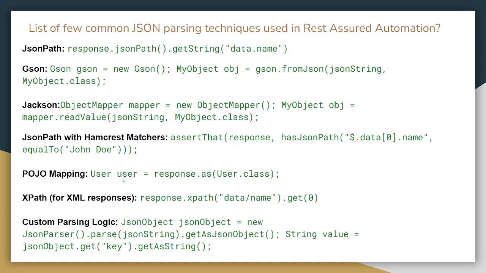This is a concept of Java where you create the user class or any class file where we create objects and we create setters and getters. We encapsulate them and we use that for mapping to our REST Assured response and request. Okay, and then we also use XPath for XML responses, and then custom parsing logic. So these are some of the JSON parsing techniques normally used for REST Assured automation.